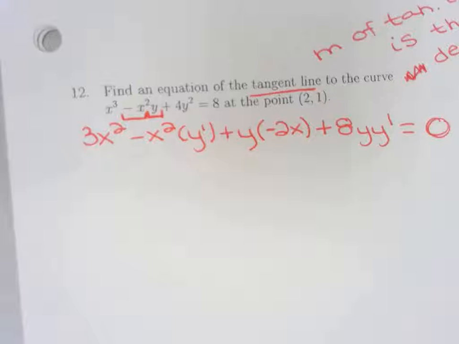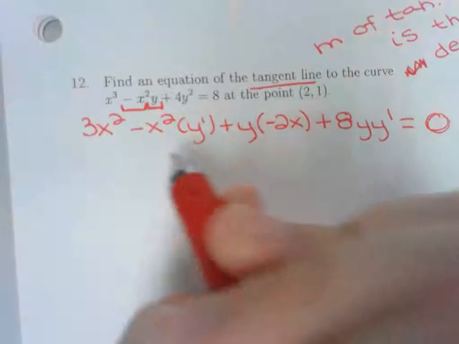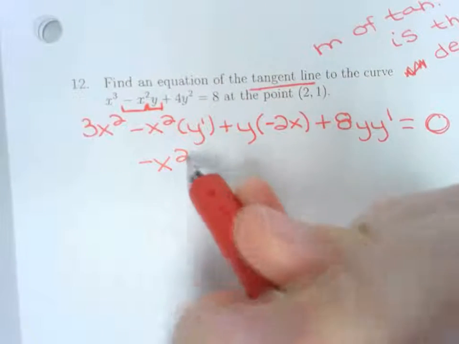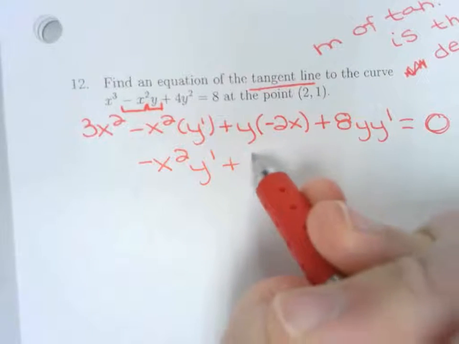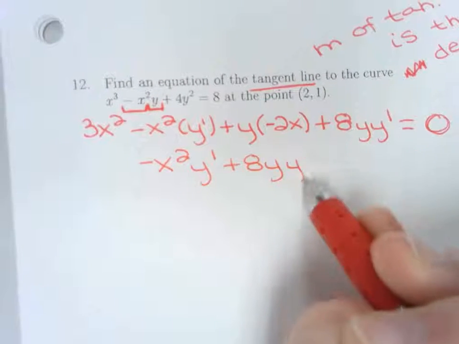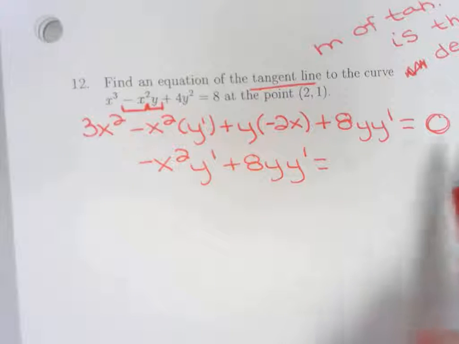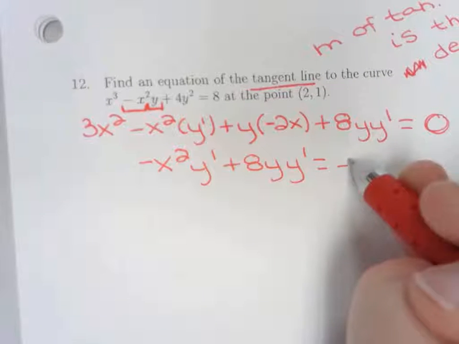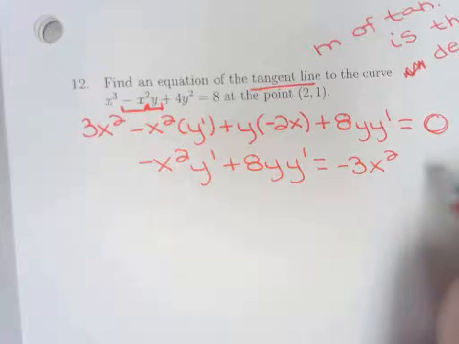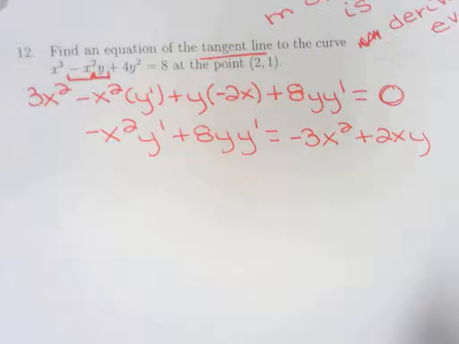I see multiple y primes in there, so to get y prime alone, I would keep everything that has y prime with it on the left side, either side doesn't matter, and then move everything without y prime over. So it's going to be minus 3x squared, and then plus 2xy. So I subtracted 3x squared over, and then I added 2xy.